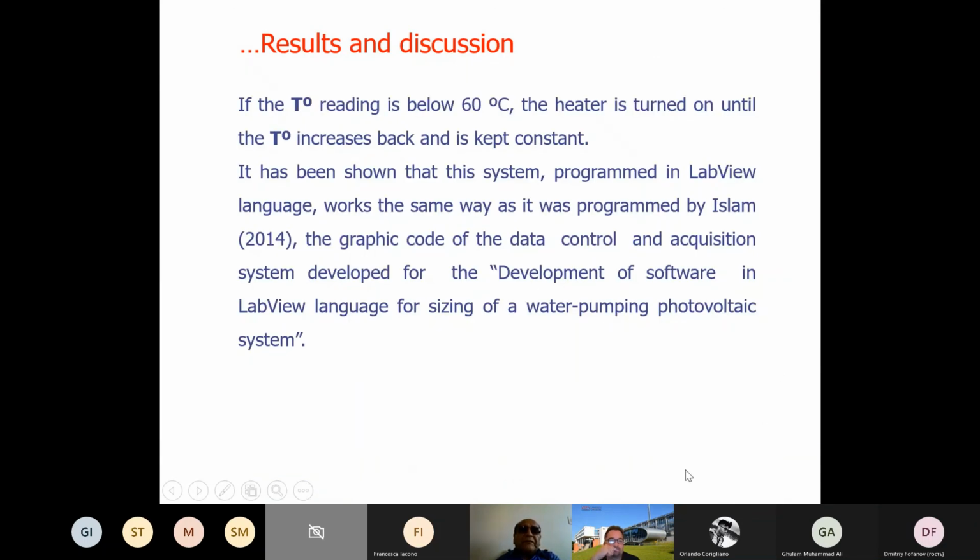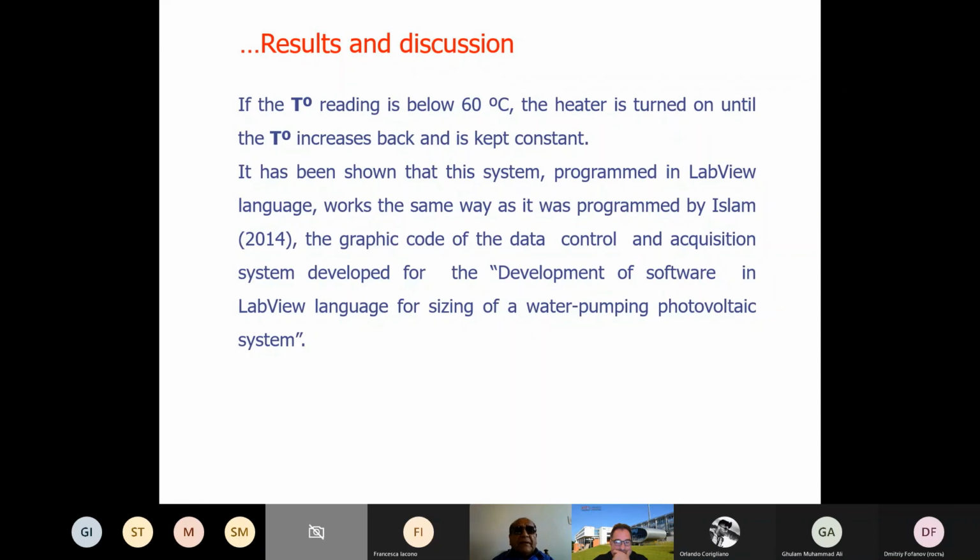If the temperature reading is the value of 16 degrees Celsius, the heater is turned on until the temperature increases back and stays constant.